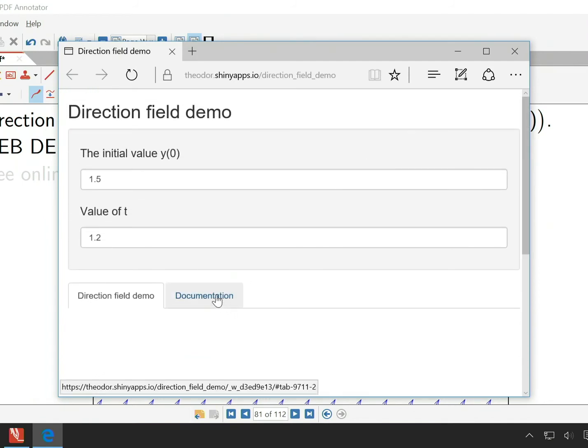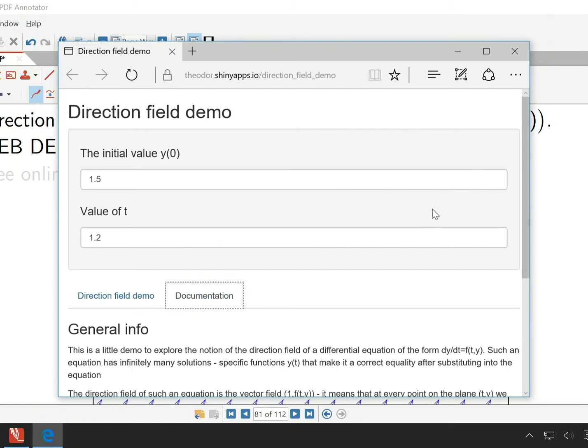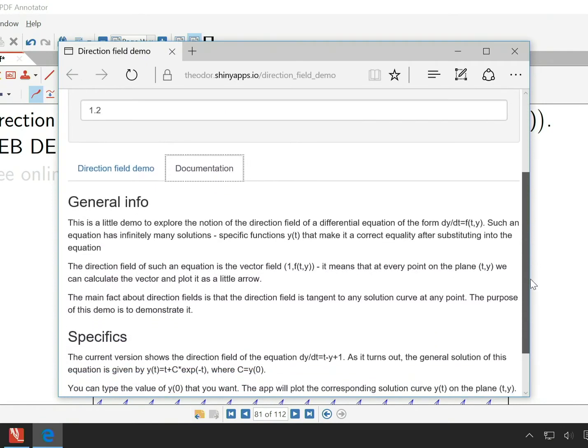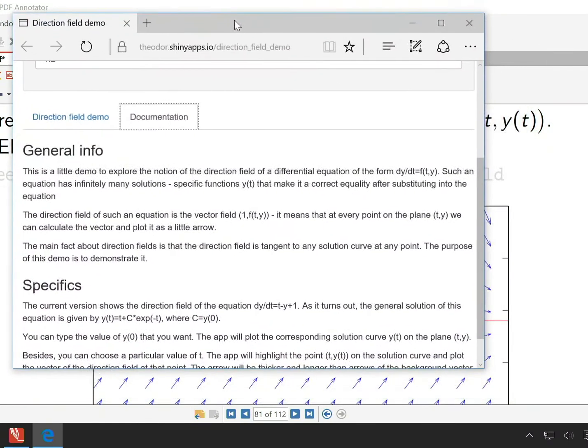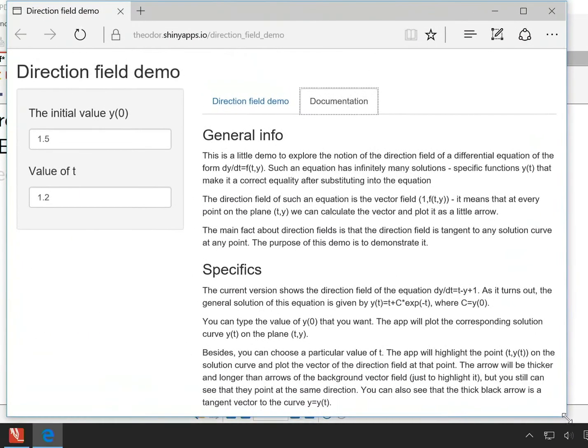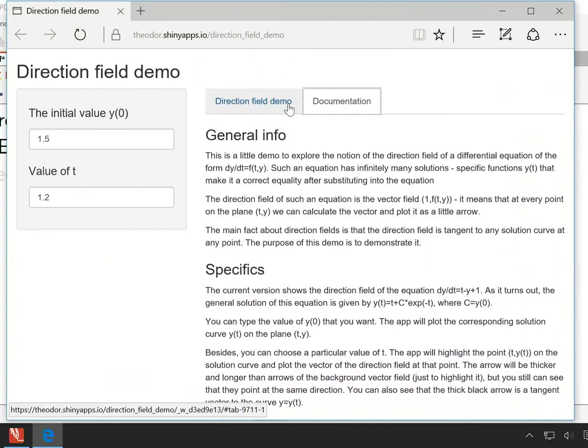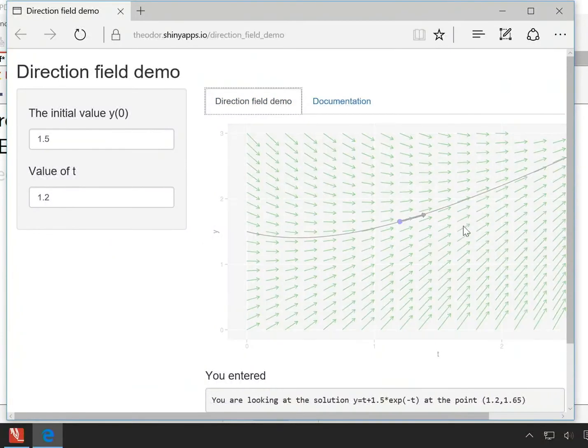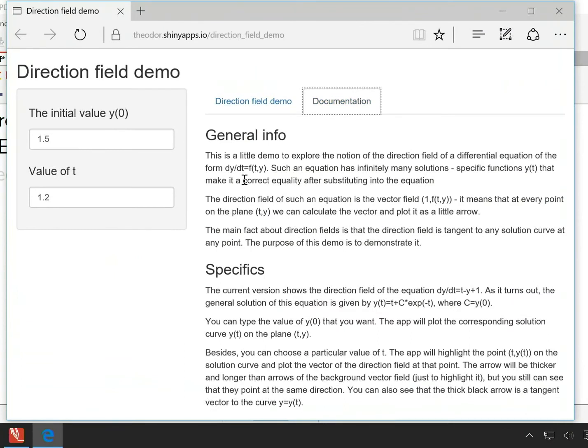So this is the direction field of the differential equation dy dt equals t minus y plus 1.